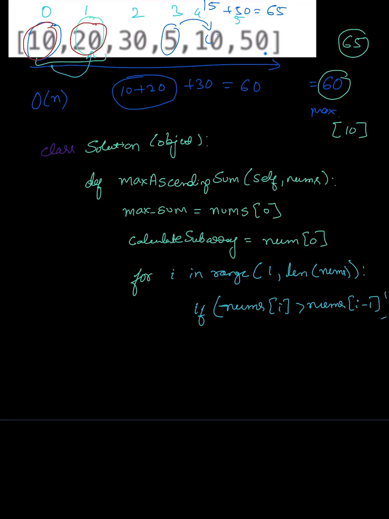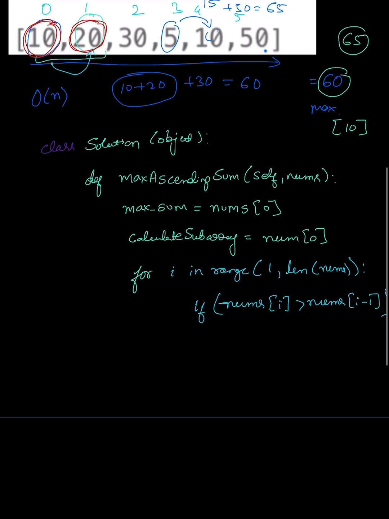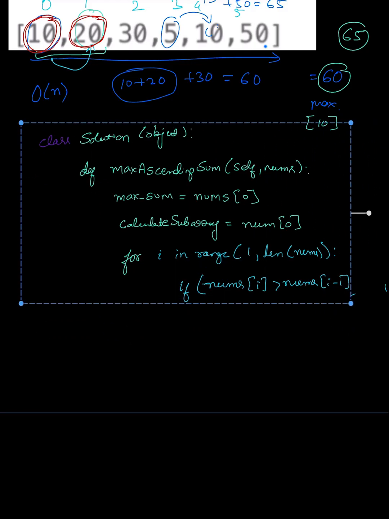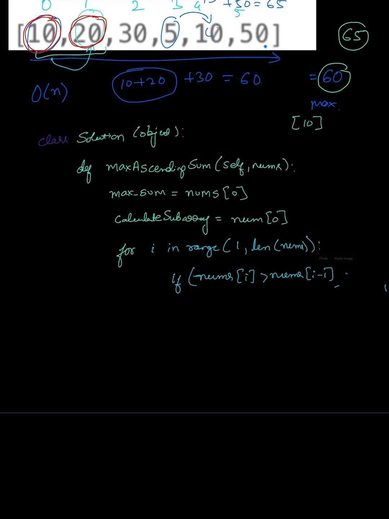If this one is greater than this, in that case, what we need to do is add that into the array. Suppose we have taken this array, we'll be adding that.